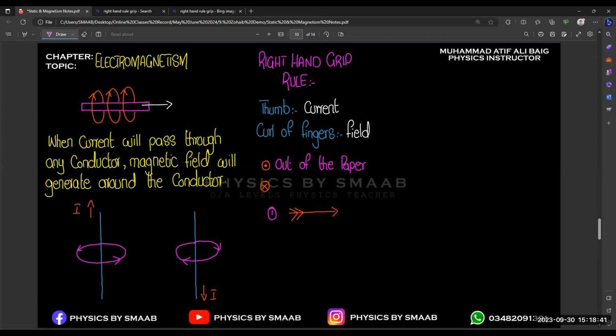And when the arrow is coming towards you, you are able to observe the pointed side of the arrow, right? So that is the same concept of into the paper or out of the paper. Into the paper or out of the paper or page, both terms will work.